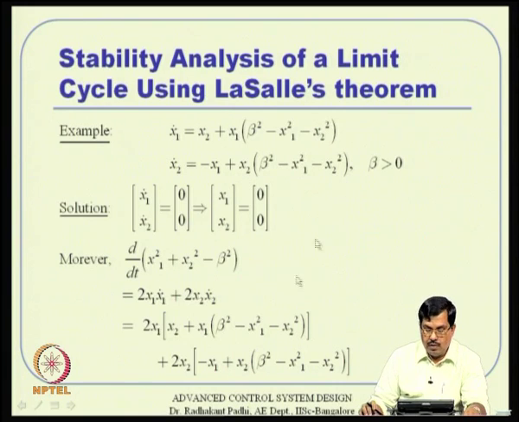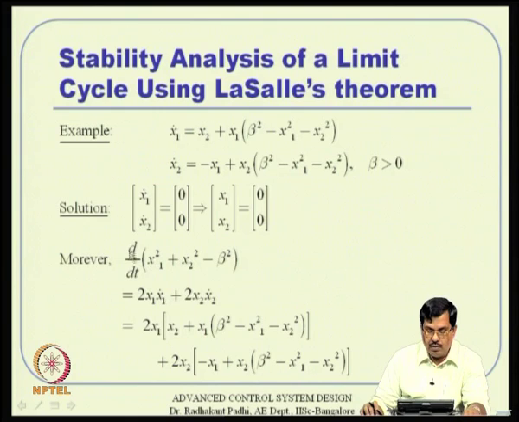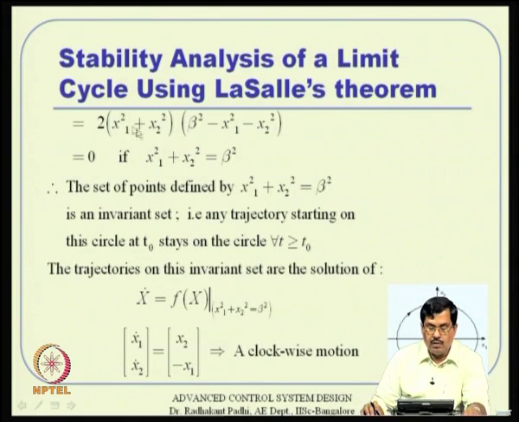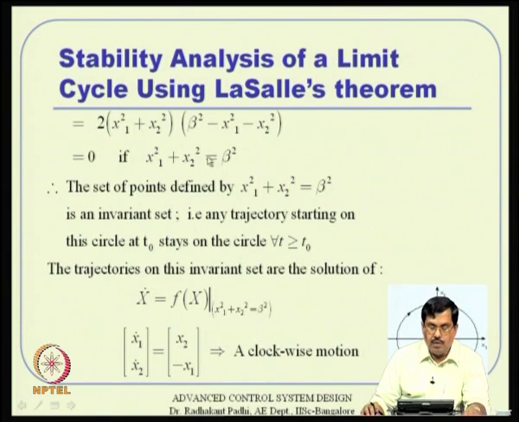Okay. Then carry out the algebra, and it will turn out that I can nicely combine this d by dt of the expression as something like 2 times x 1 square plus x 2 square times that expression again.